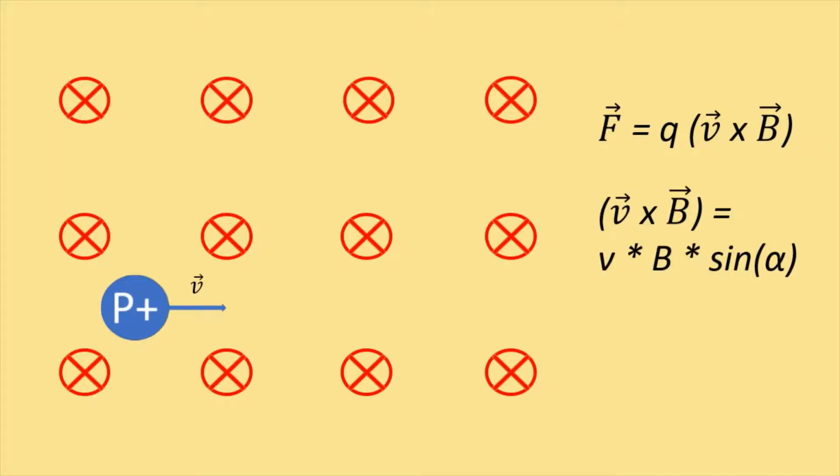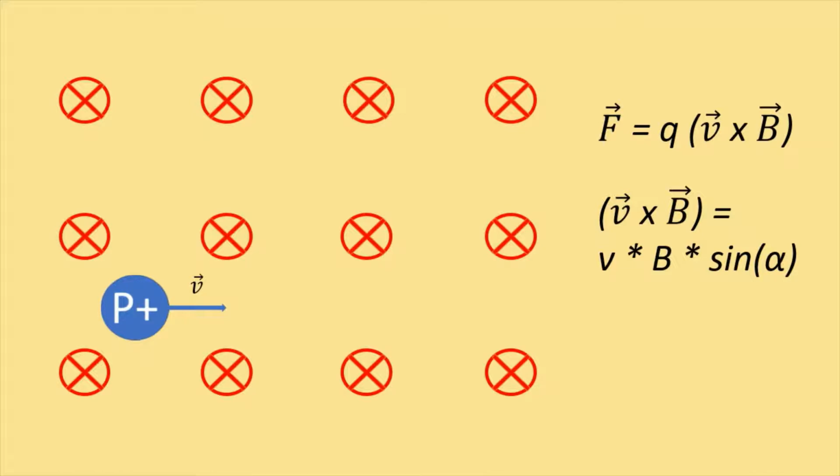To calculate this cross product, only its magnitude, we will get a number from this, and it's just a simple multiplication, except at the end there is the sine of the angle that the velocity vector and the magnetic field make. In this case, it's 90 degrees, right? They are perpendicular to each other. So the sine of 90 degrees is 1, so we can just forget it.